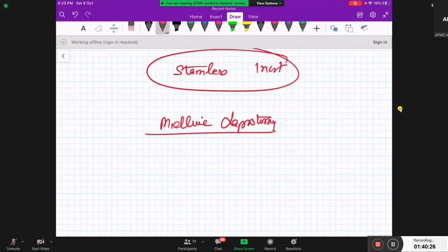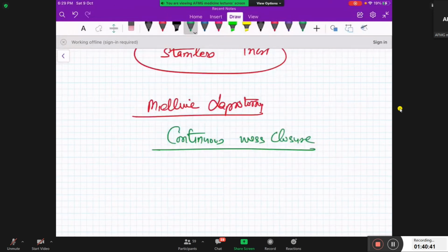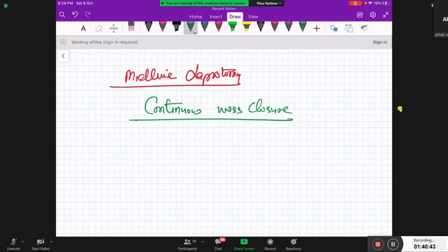All the wounds are closed in layers, except the midline laparotomy wound, which is closed by a continuous mass closure technique.